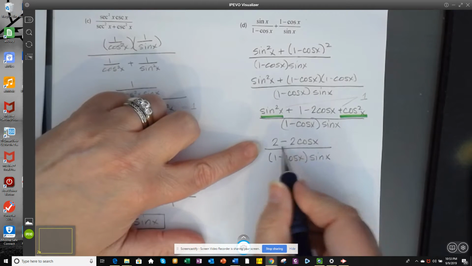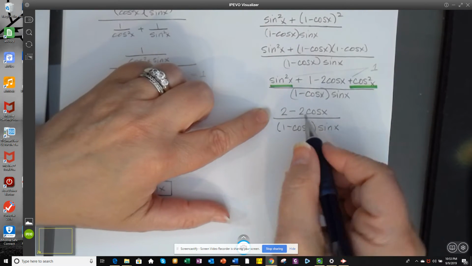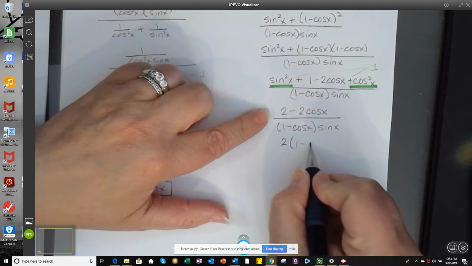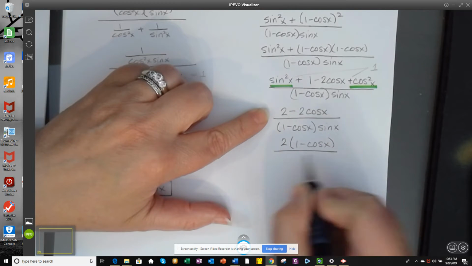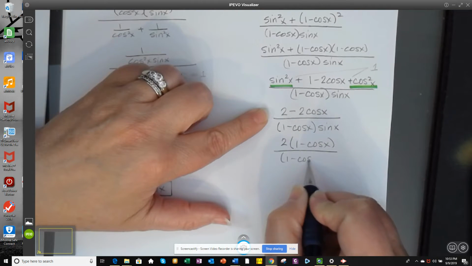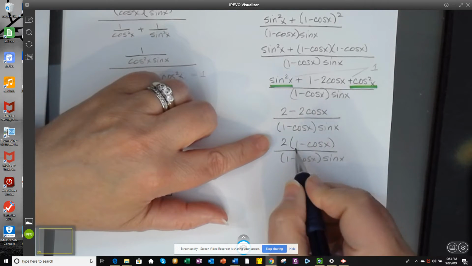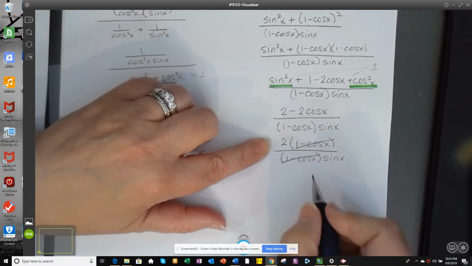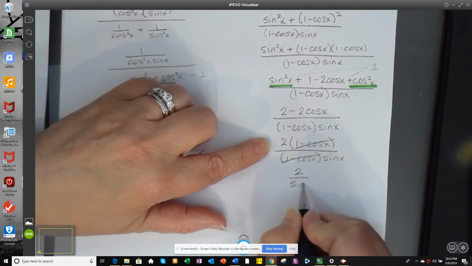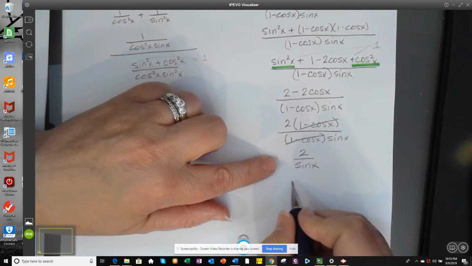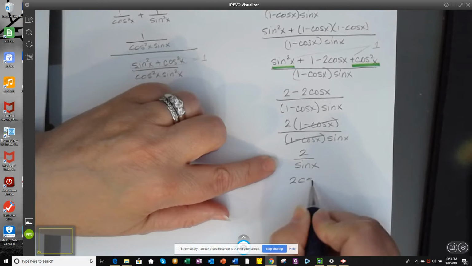And I'm noticing that I can factor a 2 out of this numerator, and I get 2 times 1 minus cosine x over 1 minus cosine x times sine x. And now these are factors, and I can cancel those because they're factors, and I get 2 over sine x. But 1 over sine x is cosecant, so this is 2 cosecant x.